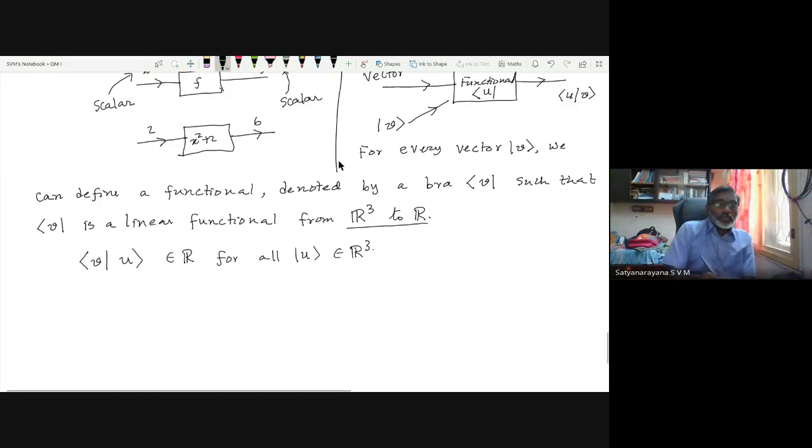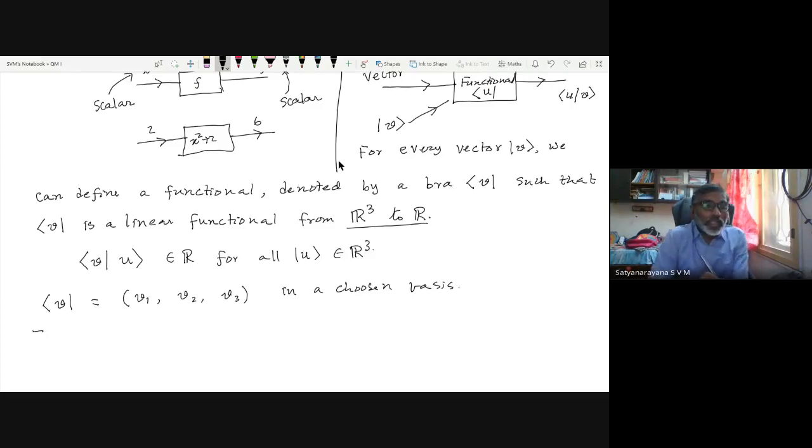Now, this bra v can be represented in the following fashion, if we know the components V1, V2, V3. This is a row vector associated with the components, that is, in a chosen basis.